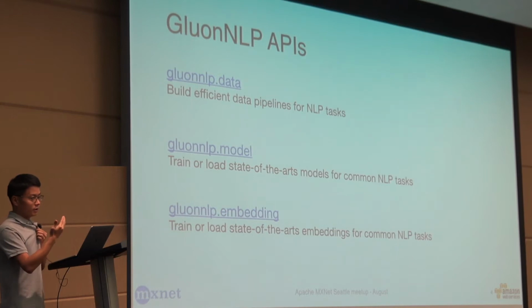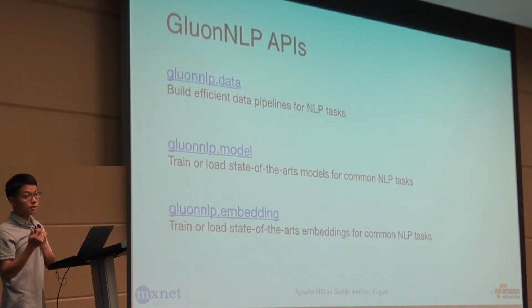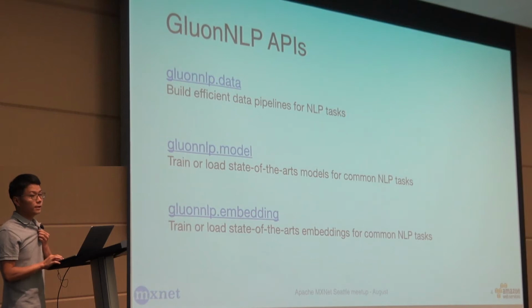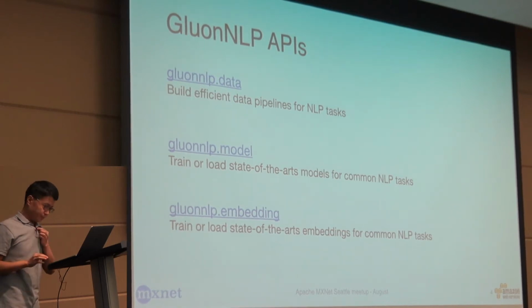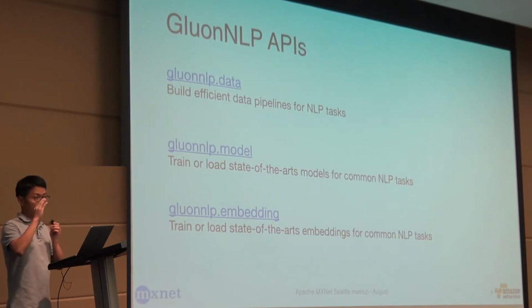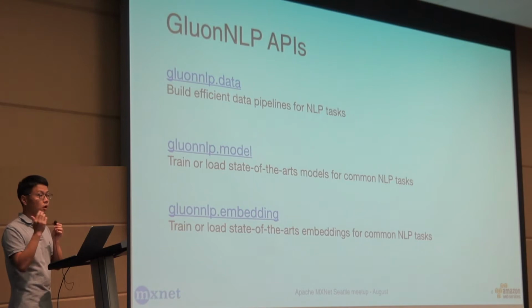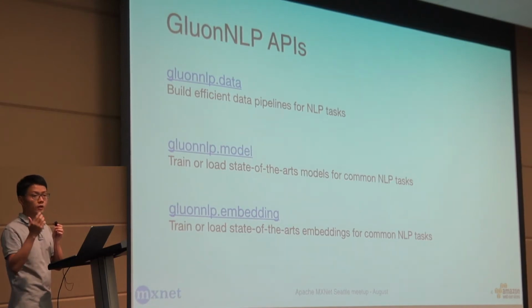The first one is the GluonNLP data API. It's a very high-level API designed for efficient data pre-processing and loading. Then there is the GluonNLP model API, which is designed for fast prototyping of your model. Anything you have in mind, you want to quickly try.